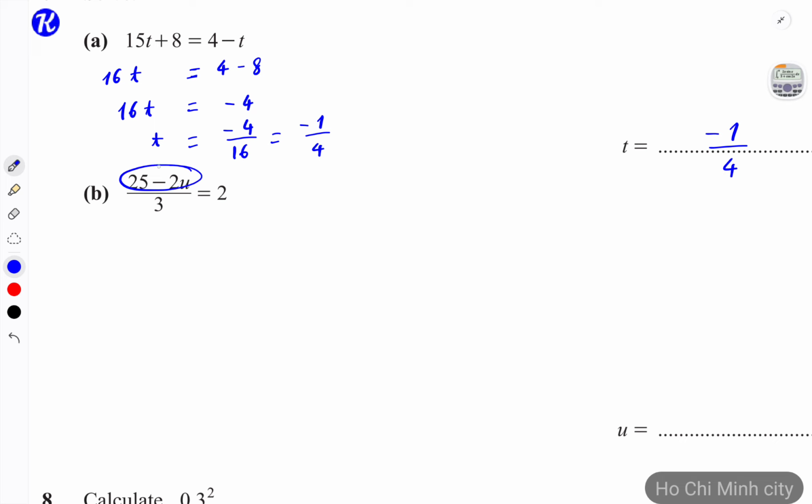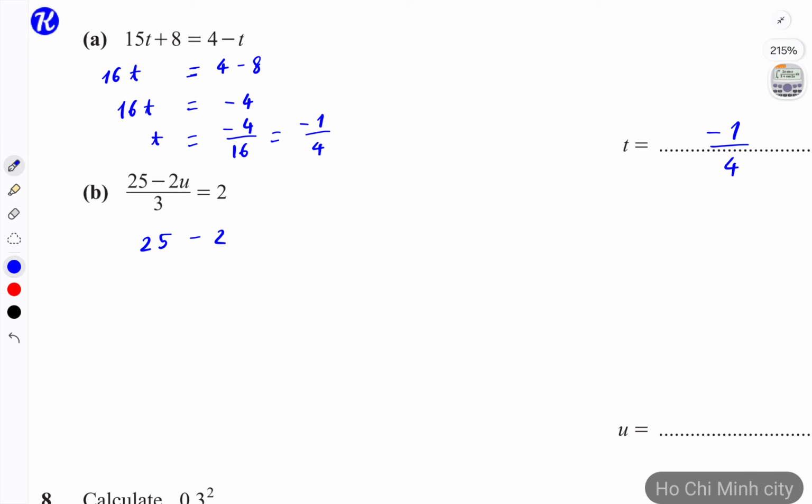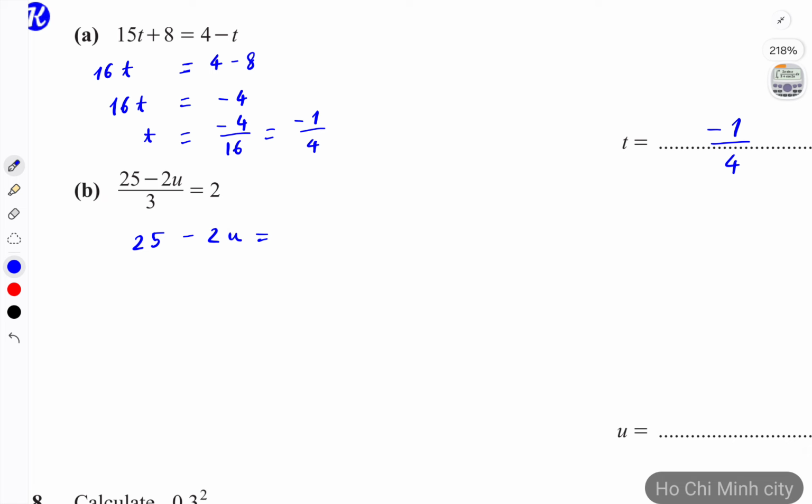All right, how about this? A numerator divided by denominator equals to number 2. So that one is 25 minus 2u equals 2 times 3, which is number 6. So -2u equals 25. Because so we will add 2u on both sides, right?